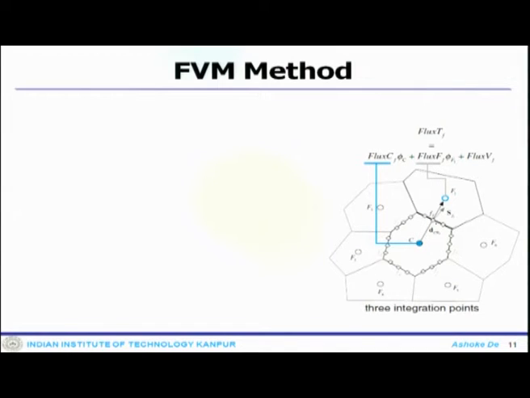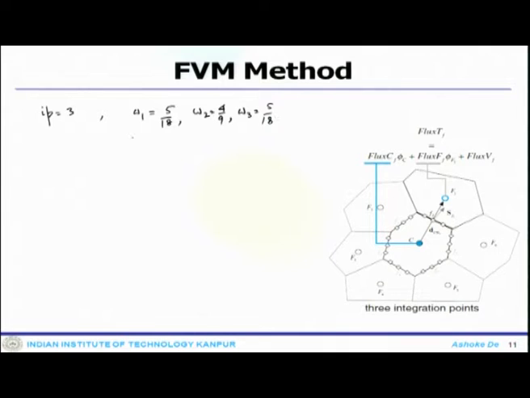Similarly, you can have 3 integration points. In that case my IP would be 3, and obviously my weighting function W1 would be 5 by 18, W2 would be 4 by 9, W3 is again 5 by 18.